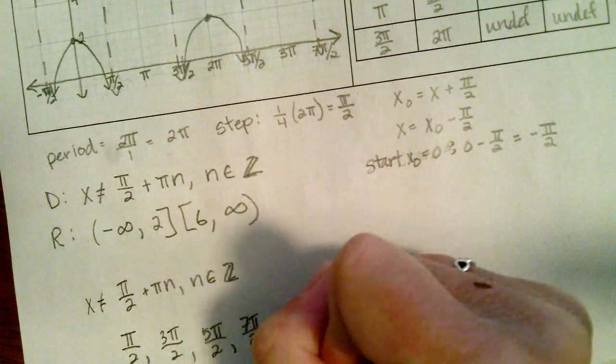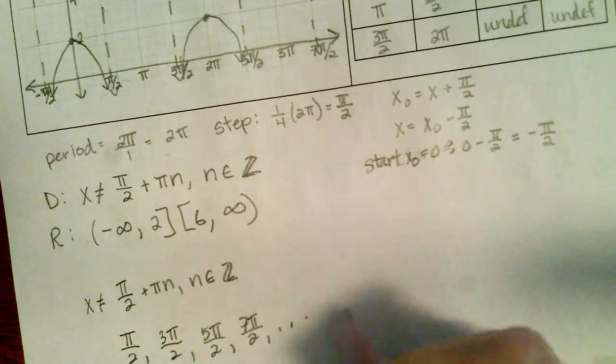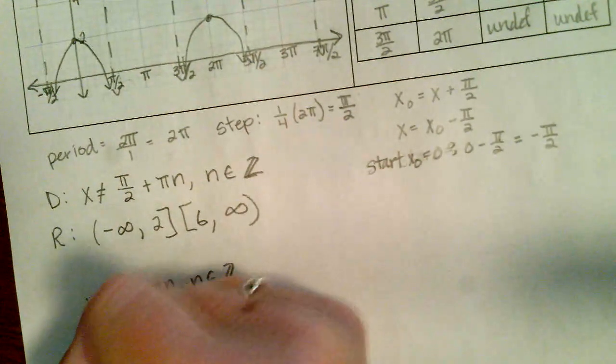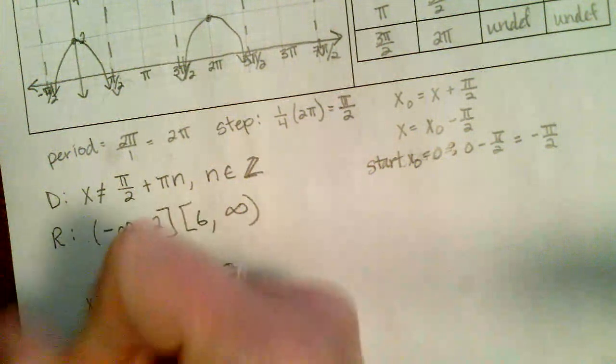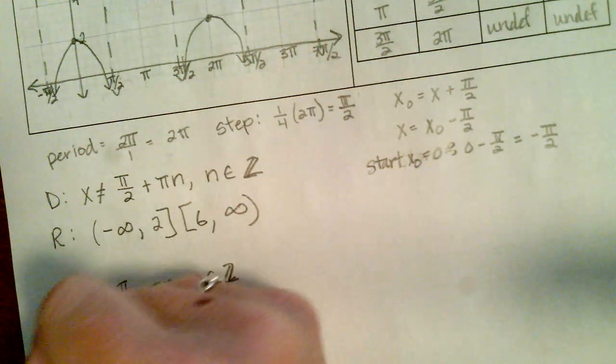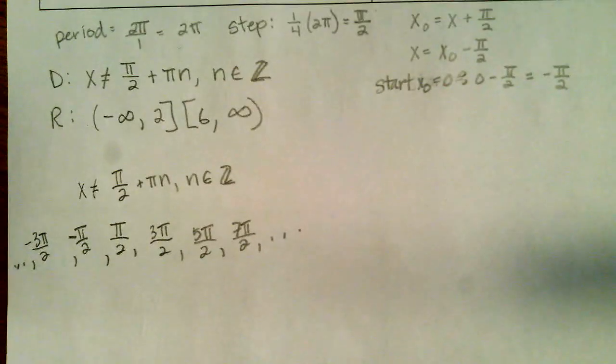And it's going to keep going on as the numbers get bigger. But then it's also, we talked about how it's going to be negative pi over 2. If we subtract, it's going to be negative 3 pi over 2. And it's going to keep going in the right direction. Sorry if you couldn't see those.